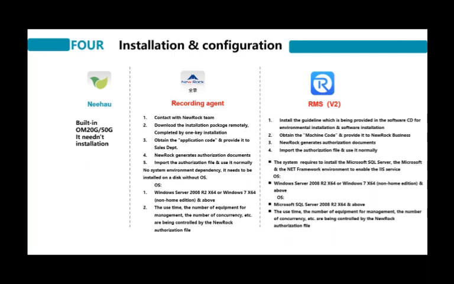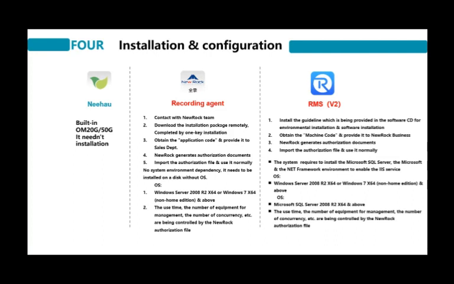I would say it's quite tricky compared to recording agent because the primary installation requirement is that you need to have Microsoft SQL Server and the .NET Framework environment to enable the IIS service. When you talk about IIS service, you need to have Microsoft SQL Server 2008. These are the requirements below, and of course, you need to check the number of concurrency.